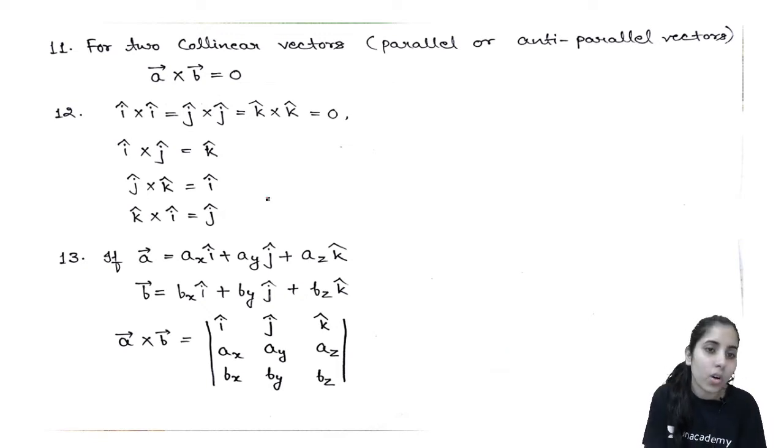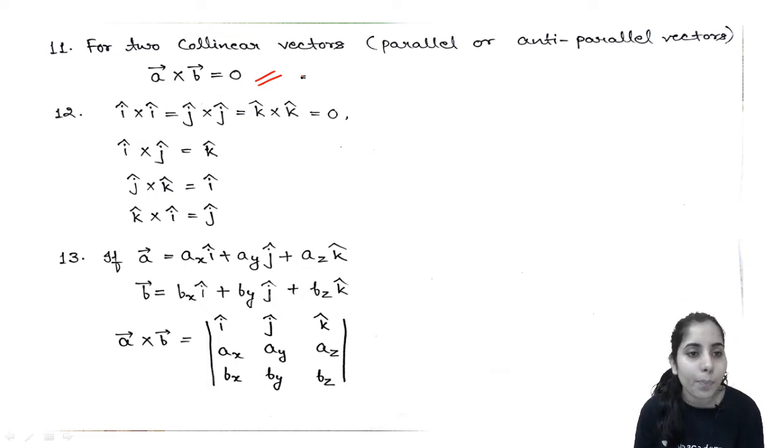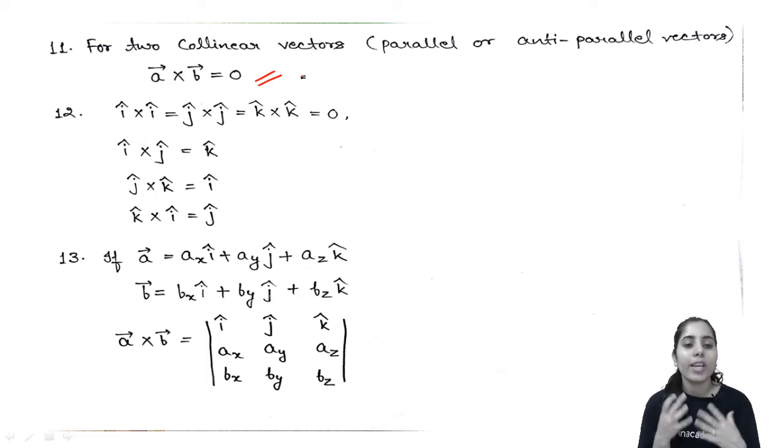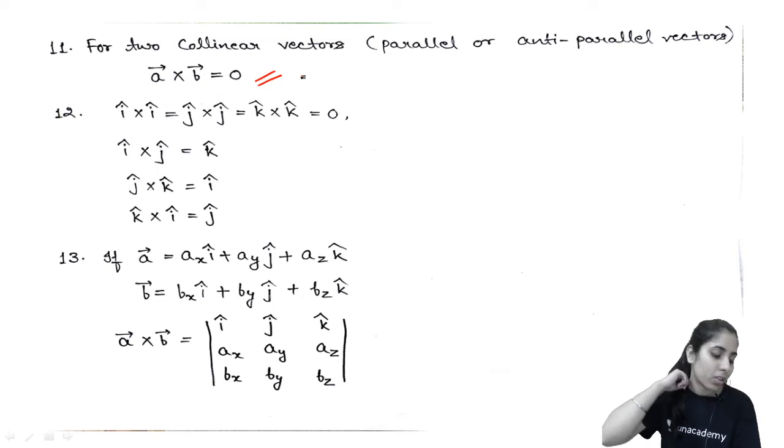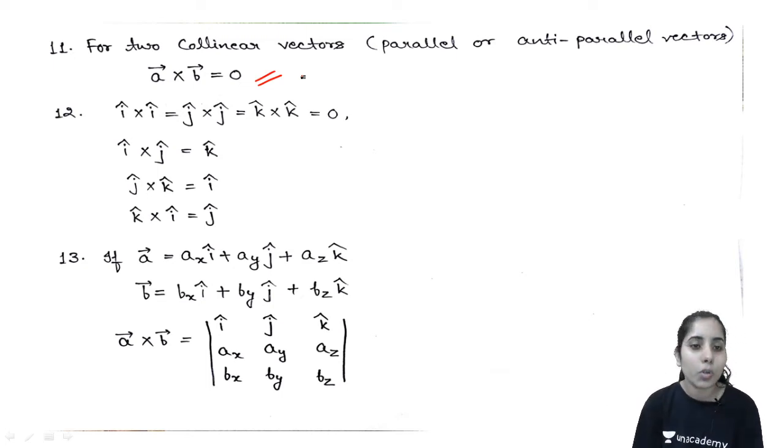In that case their cross product will be equal to 0. That's how we can easily solve any question based on collinear vectors, two parallel vectors or two anti-parallel vectors whenever they are given to you.